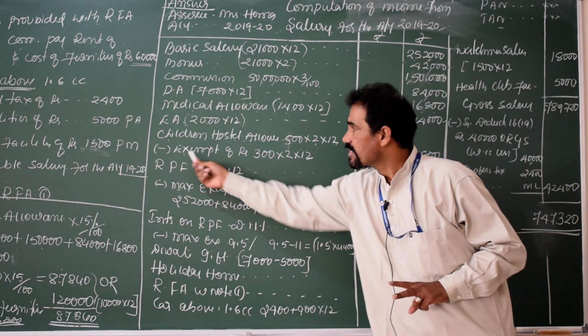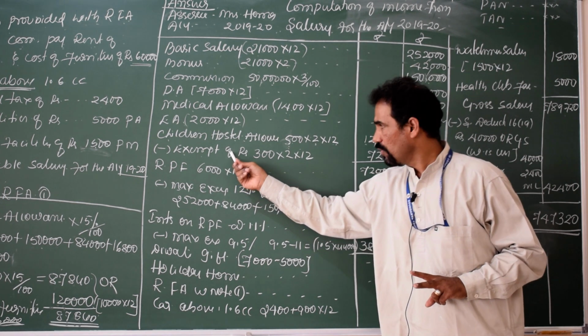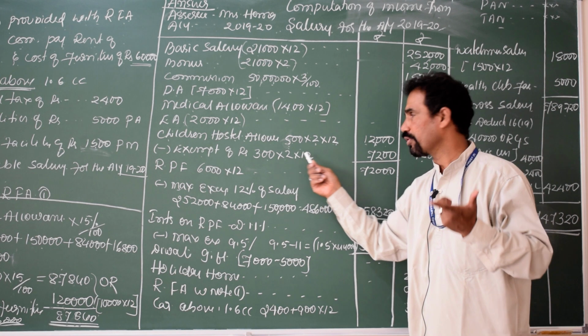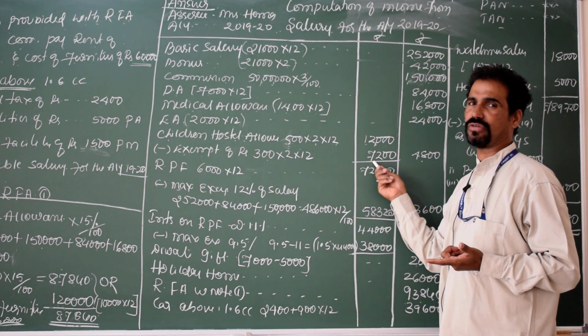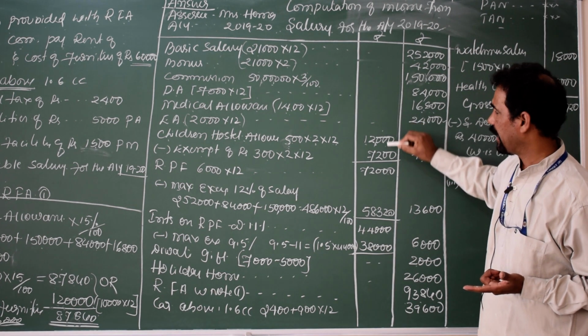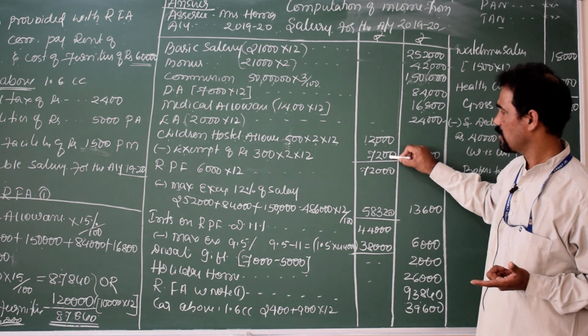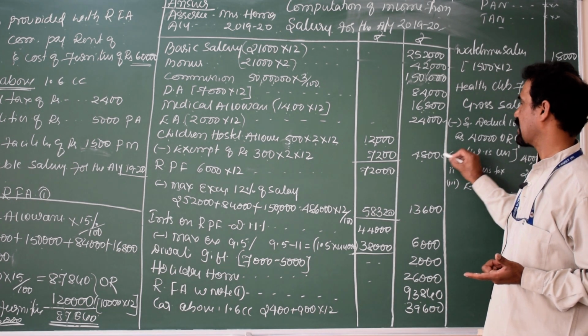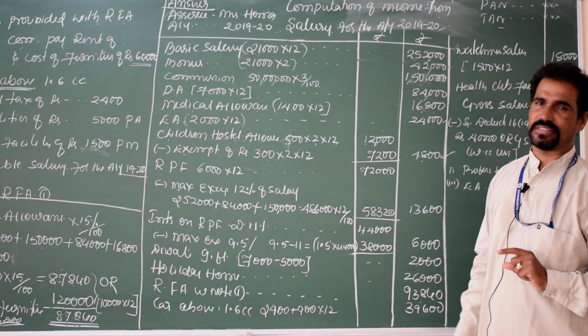Next, less exempt as per IT rules, 300 per month per child, not more than 2 children, in the inner column 7,200. How much is received from the employer? 12,000. What is the exempted hostel allowance? 7,200. The remaining 4,800 is taxable hostel allowance.